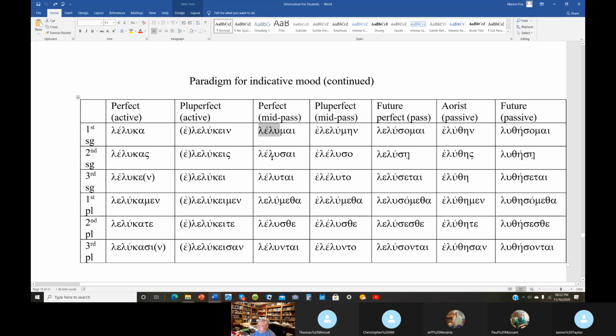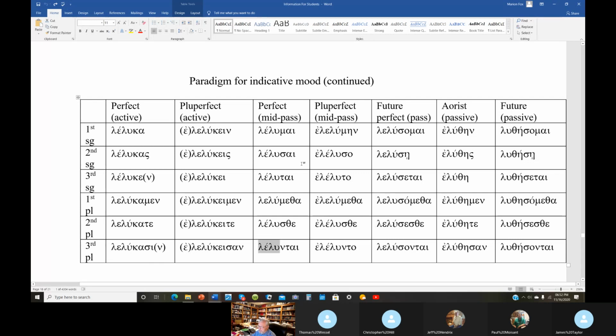And so we have that reduplication, and right here we added a psi to it: mai, sai, tai, metha, sthe, ntai. Just don't pronounce the nu with it because it's part of your stem. So right here, ntai would be, the nu gets pronounced with the epsilon, okay? But that's your endings.